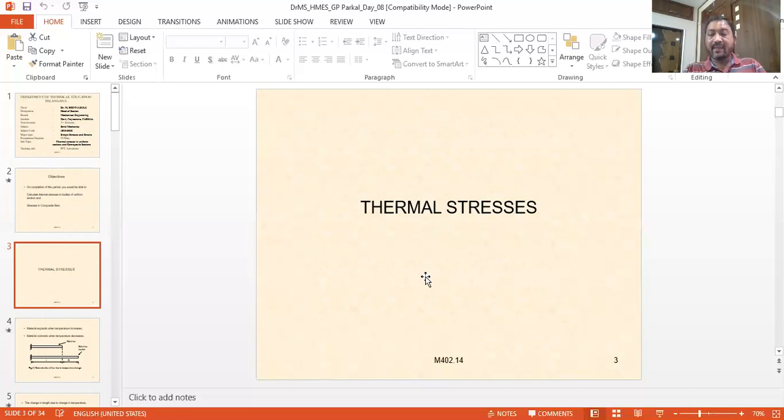And if the bars are freely allowed to expand or contract, then no stress will develop.